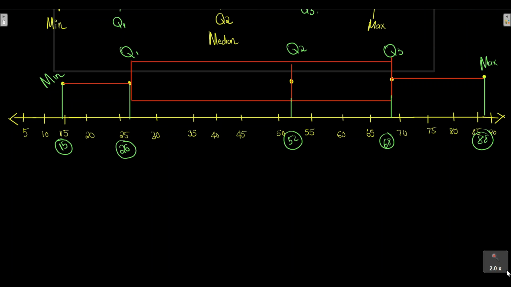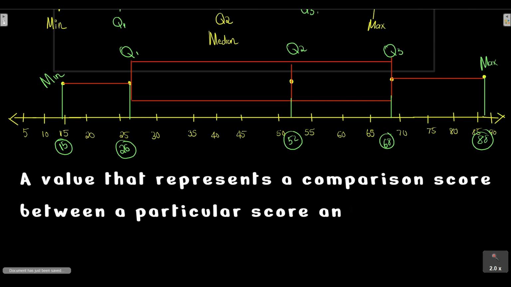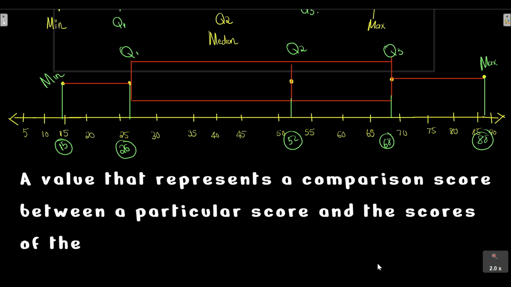When we're talking about a percentile, we are talking about a comparison score between a particular score and the scores of the rest of the group. It shows the percentage of scores that a particular value surpassed.